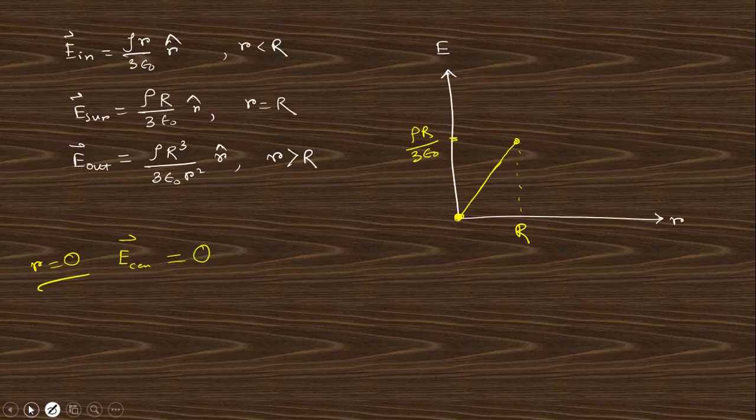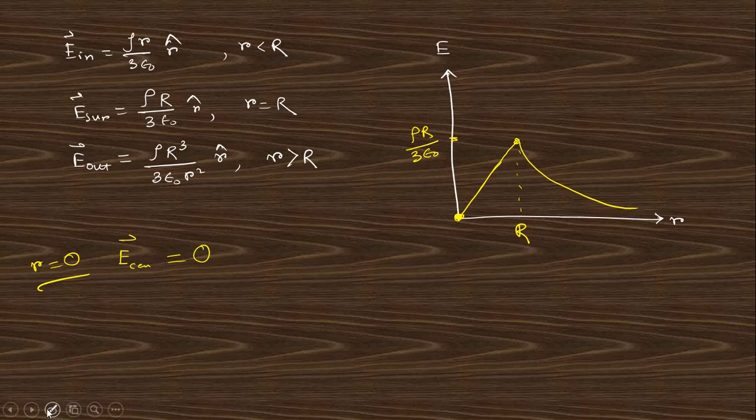Then as r increases, it reduces with the 1 by r square form. So this is the curve for the electric field in the case of the solid sphere. For a conductor, this behaves like a shell.